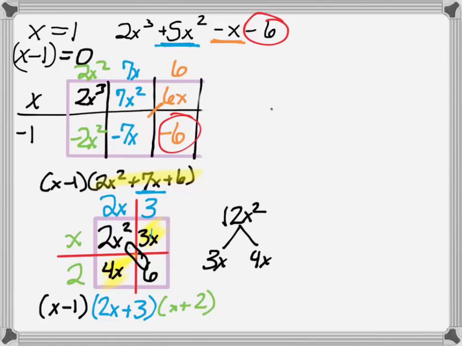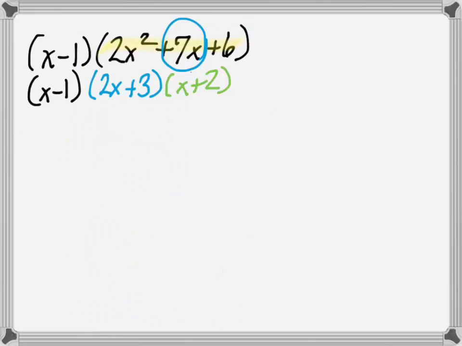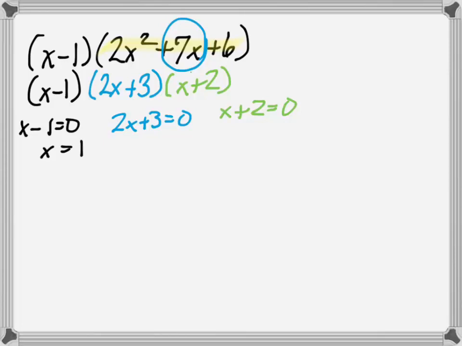But if it asks us for what the roots are, that's when you take those factors and set them each equal to 0. So x minus 1 equals 0, 2x plus 3 equals 0, and x plus 2 equals 0. And we're going to solve each one of those. x minus 1 equals 0 means x had to be 1.